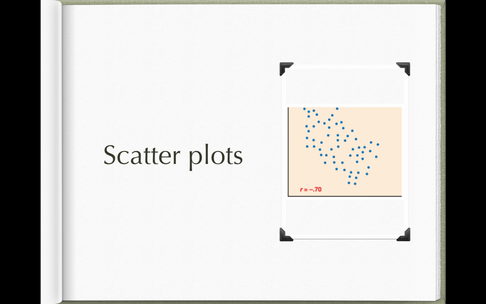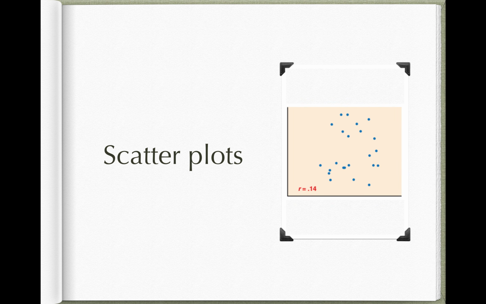Now we see a scatter plot with a moderate to fair negative correlation. And this last one is a scatter plot with a poor or no correlation at all. In this scatter plot, you don't see any direction of where the covariance of the variables is going.